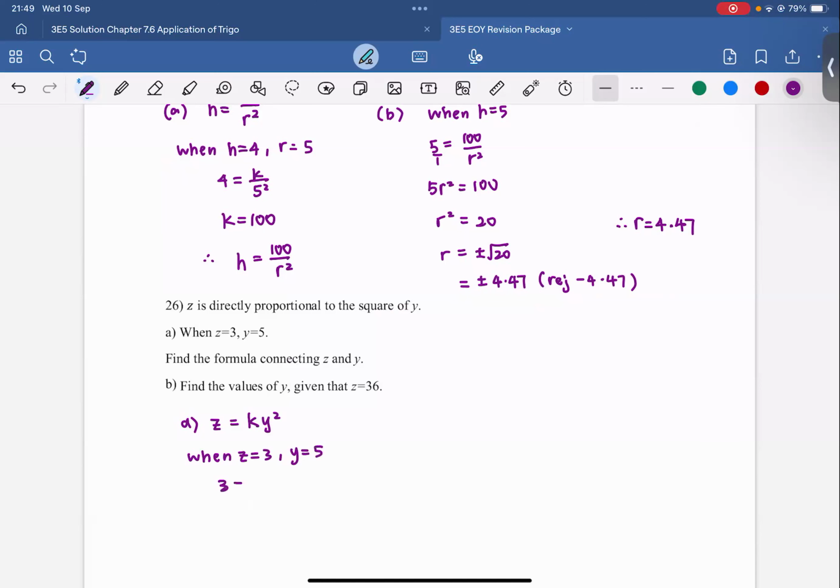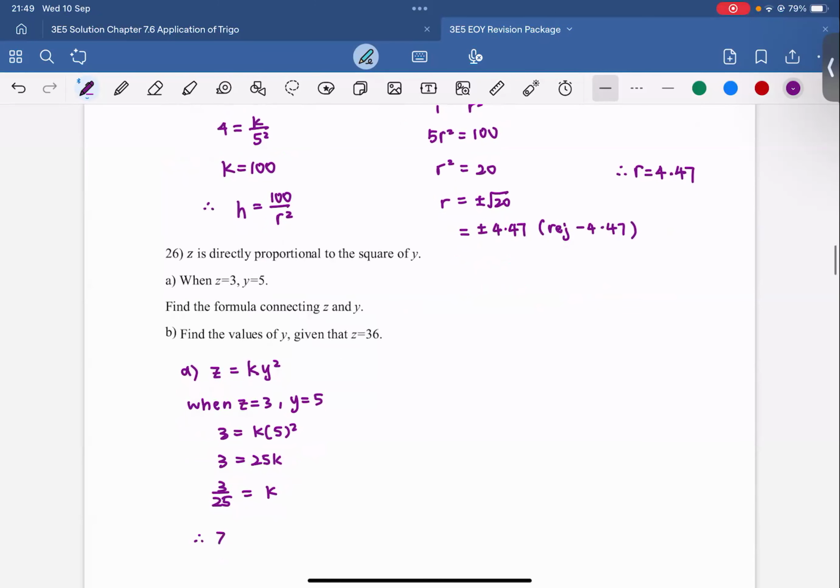So 3 equals k times 5 squared. So 3 equals 25k. So k equals 3 over 25. So we put the k back inside: 3 over 25 y squared. That is the answer for part A.